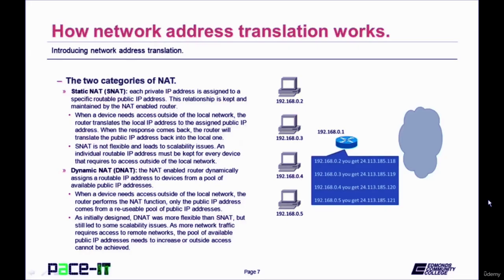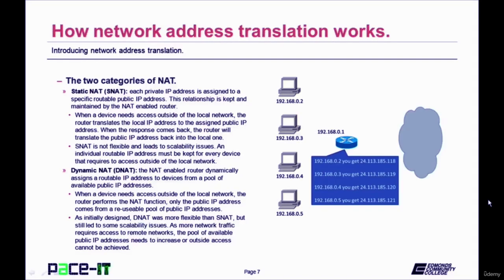When a device needs access outside of the local network, the router translates the local IP address to the assigned public IP address. And when the response comes back, the router will translate the public IP address back into a local one. Static NAT is not flexible and leads to some scalability issues.